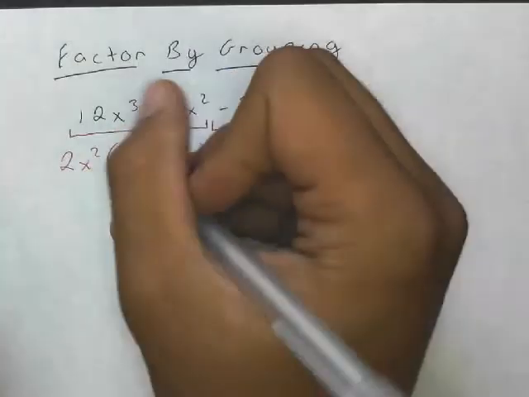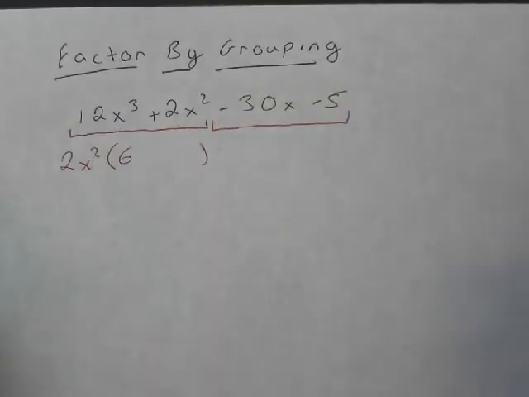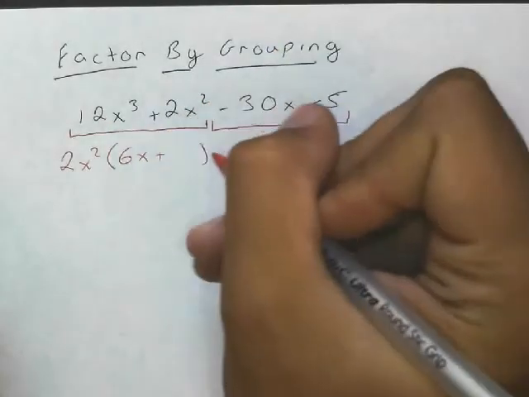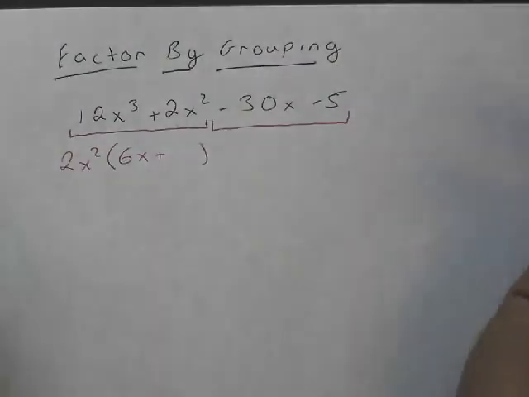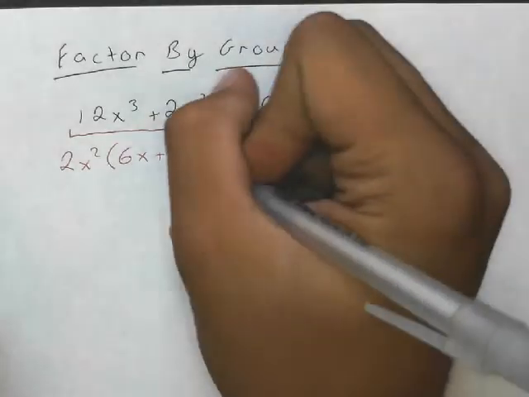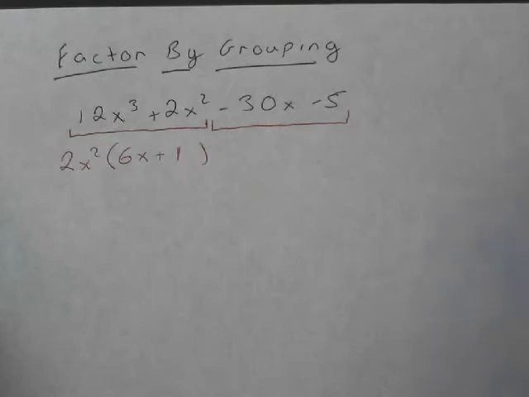Well, when I take 2 away from 12, I'm left with a 6, and when I take an x squared out of x cubed, that leaves me with an x. Now, when I take a 2 out of the 2, it leaves me with a 1, and I take 2 x's out, I'm also left with a 1. So there is nothing there except for a 1. We think of that as a placeholder.